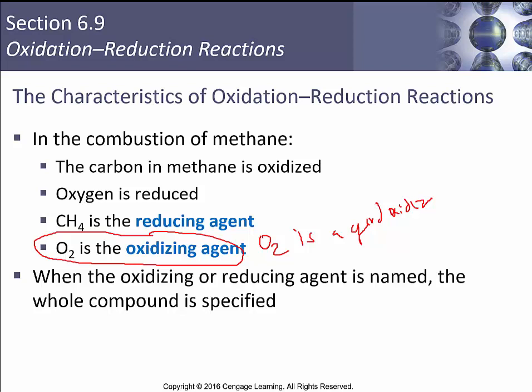Oxygen is a good oxidizer. So if you can remember that oxygen is a good oxidizer, stuff on the other end of the periodic table, like lithium or cesium, ought to be a good reducing agent.